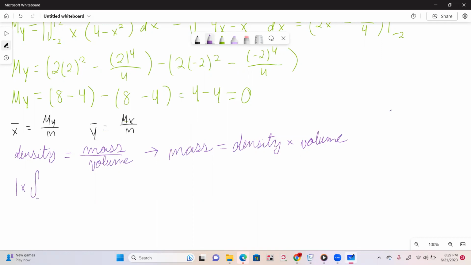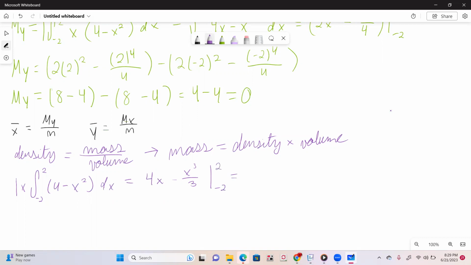Remember, a is -2 and our b is 2, of f of x, which is just going to be 4 minus x squared dx. This is going to be equal to 4x minus x to the third over 3, evaluated from -2 to 2.